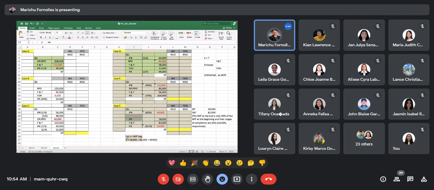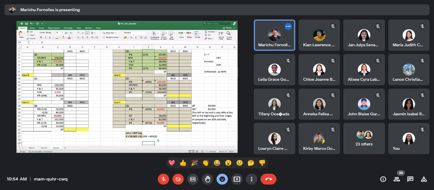So that's your X, your work in process beginning, plus the SIP given at 58,000 equals the target of F&T 82,000 plus another target, which is the work in process end, which is said to be 40% of the work in process beginning, which is your X. So that is the equation. Apply your background knowledge in algebra to solve for X.